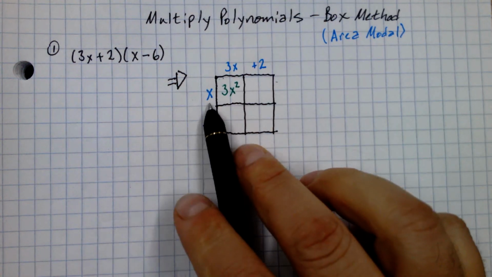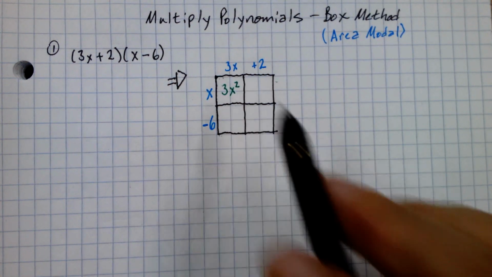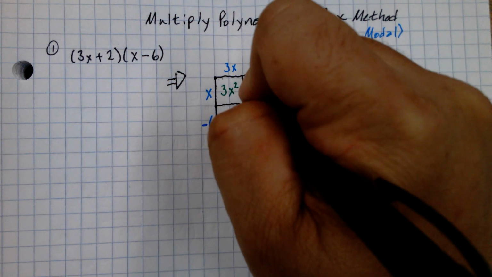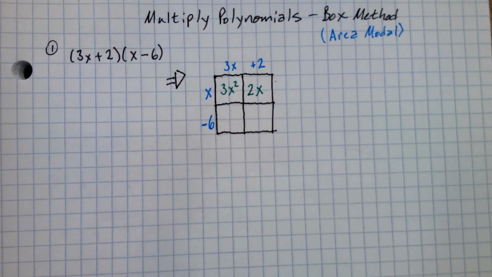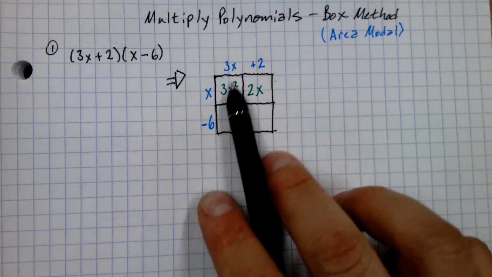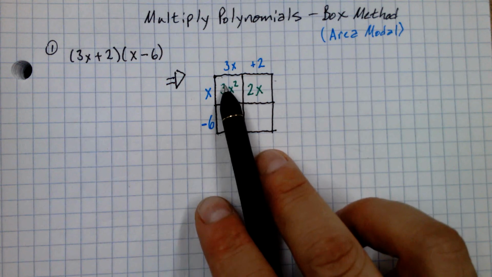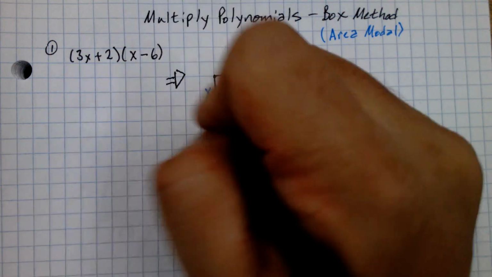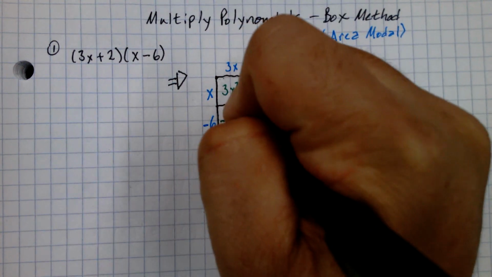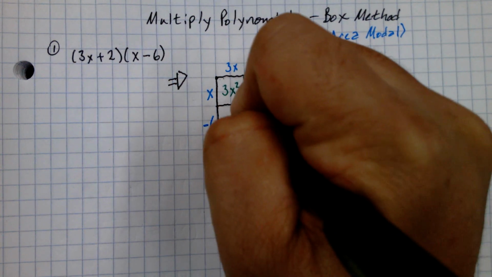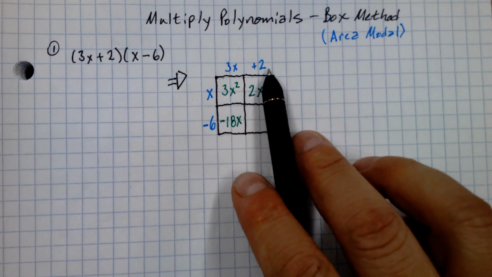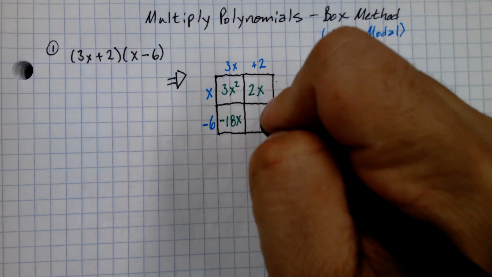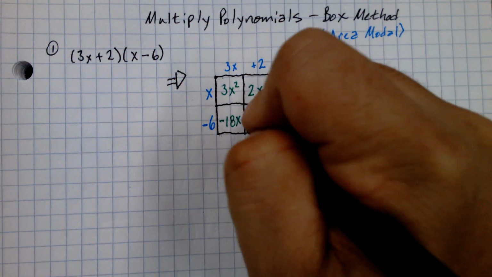Now I'm going to multiply x times 2. 2x. Okay. So done with that row. Let's multiply negative 6 times each of these. So negative 6 times 3x. Negative 18x. And then we're going to multiply negative 6 times 2. How much is that?